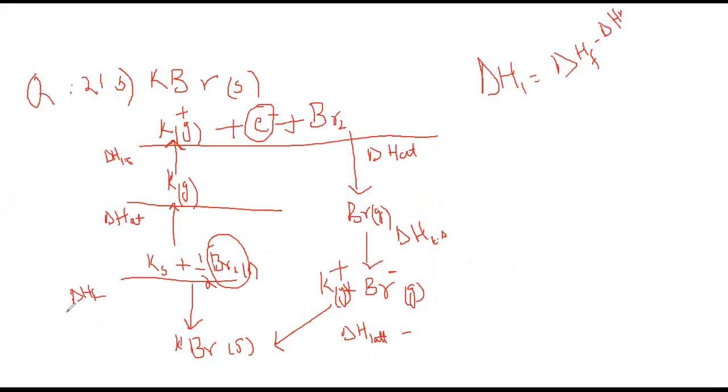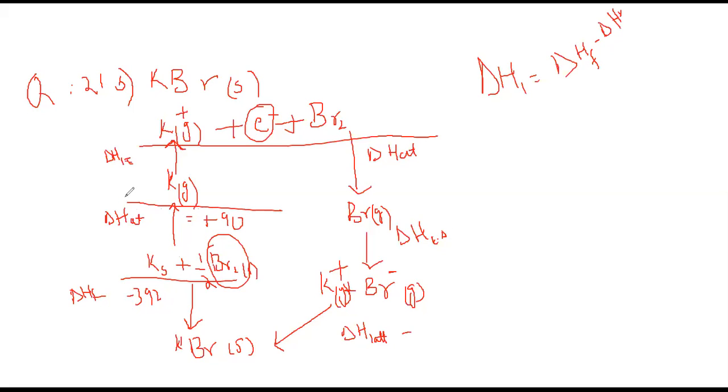So let's start. In the table, values are given. First, when you are forming KBr from potassium solid and bromine liquid, the enthalpy change is minus 392. When you are converting potassium solid into potassium gaseous atom, the atomization energy is plus 90.